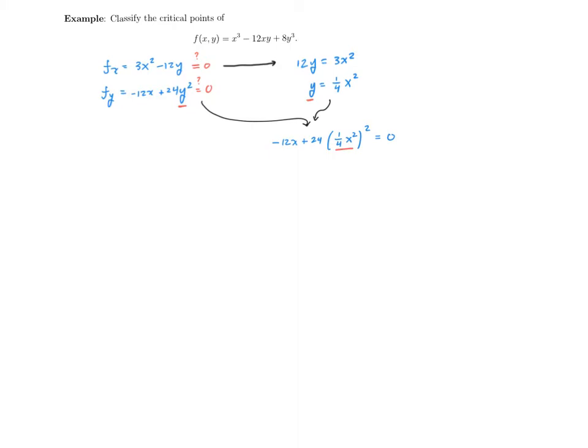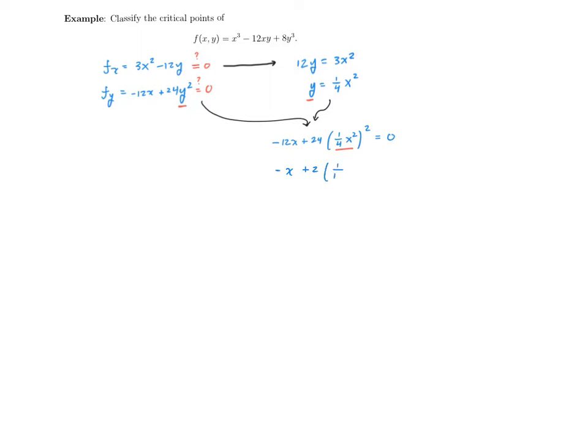One thing I'm going to immediately note is that we have a common factor in both terms, an x, but also a 12. If we wanted to divide each and every term by 12, that 24 would become a 2. So it's simpler, I believe, to write this as minus x plus 2 multiplied by this quantity squared.